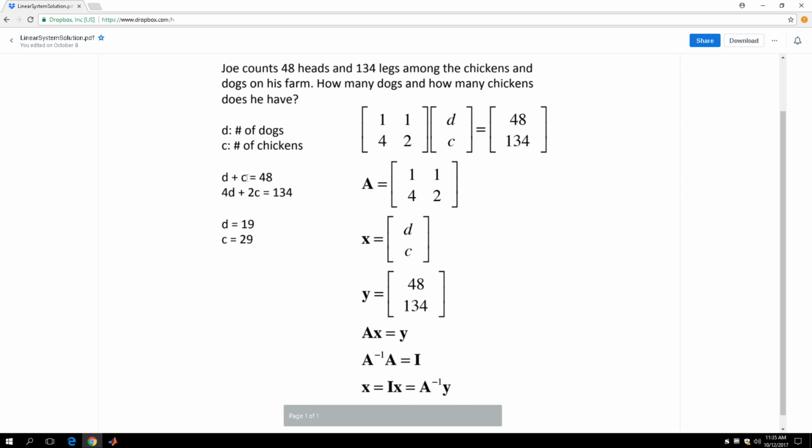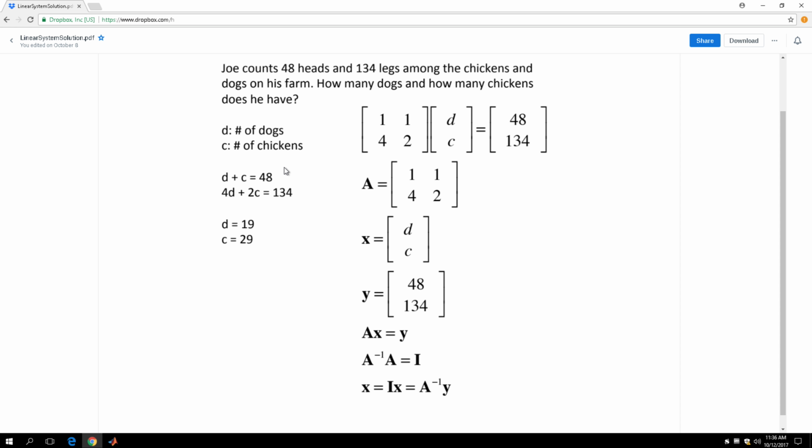Our code should be applicable to any number of variables and any number of equations. Suppose we have 100 or 200 or 1 million variables and 1 million equations. Our algorithm should be able to solve those problems without any modification to the code.